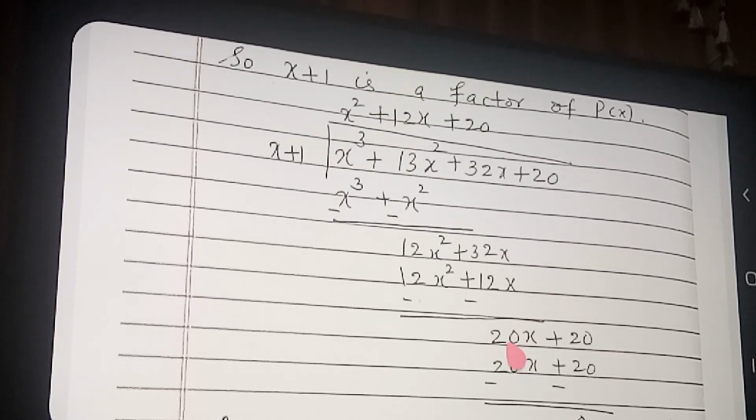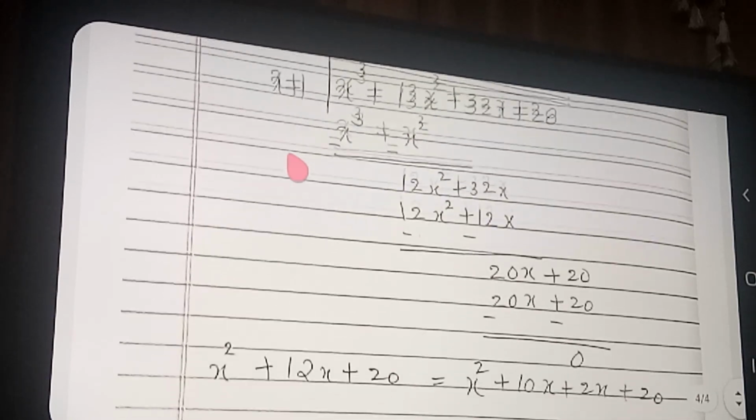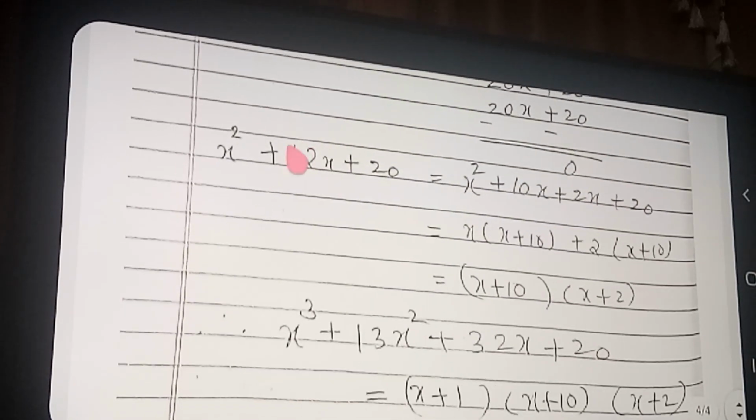Okay, first term by first term, 20 into x, 20x; 20 into 1, 20. Change the sign and add them. Okay, you got 0, no? So the meaning is that x plus 1 and this quotient are factors.